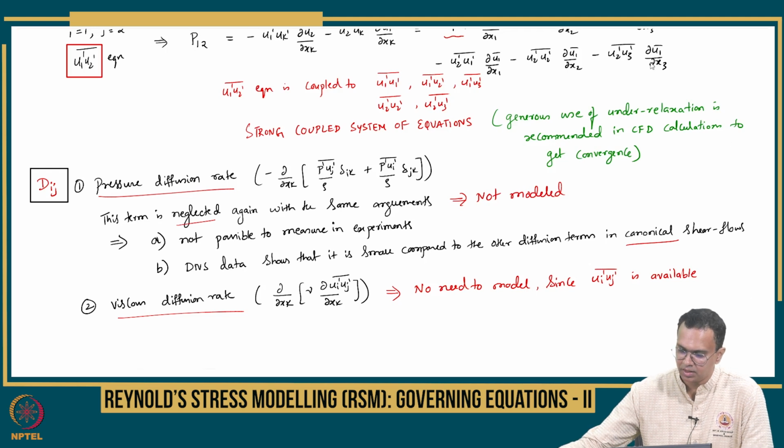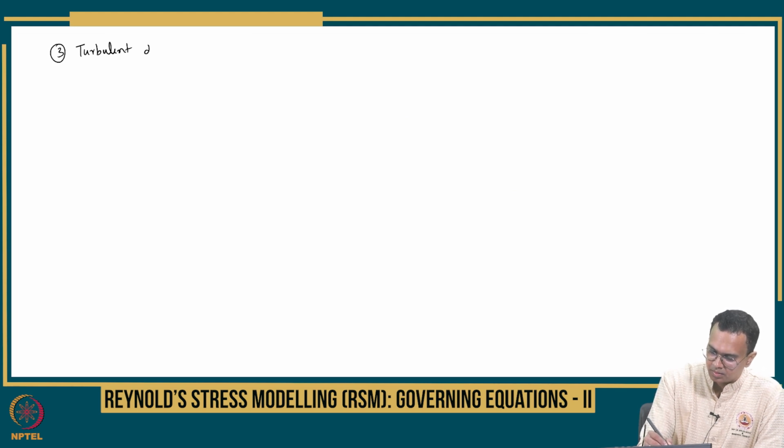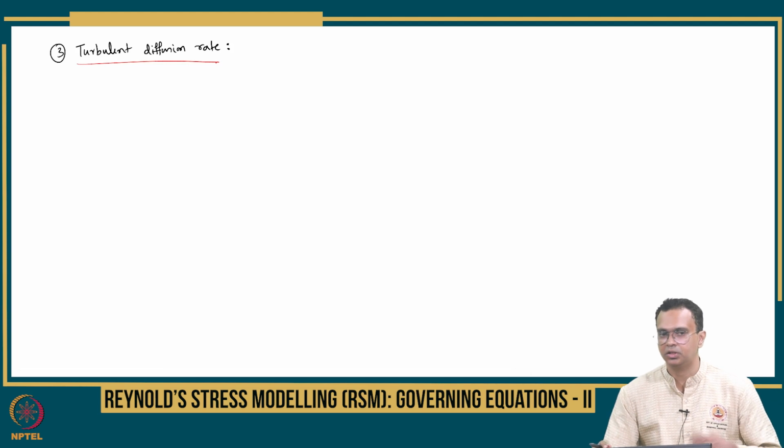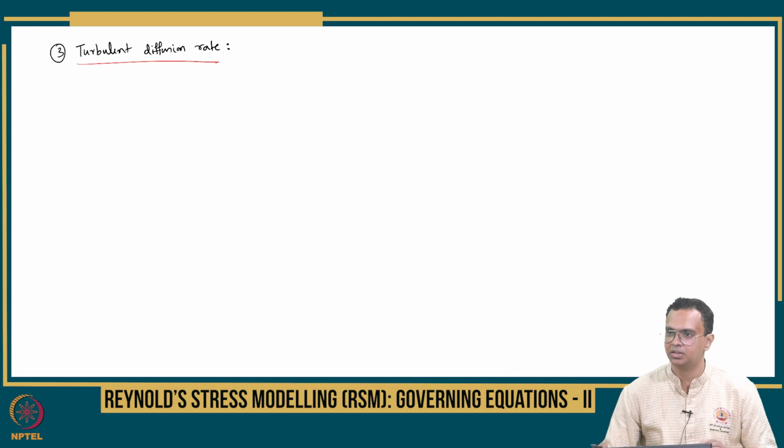Then that means we have another term, which is the turbulent diffusion rate. This cannot be ignored because in a turbulent flow, the turbulent diffusion dominates. Turbulence also transports, in addition to dissipating, as I told you.